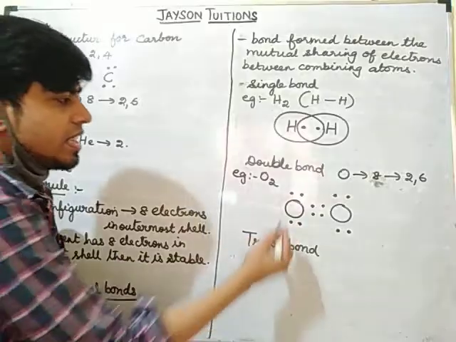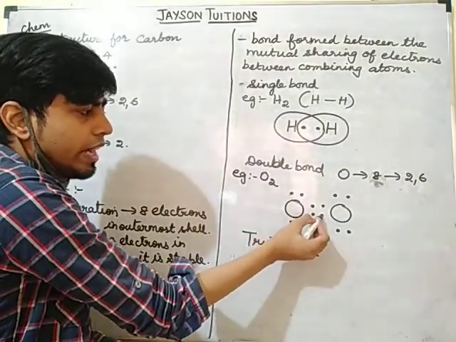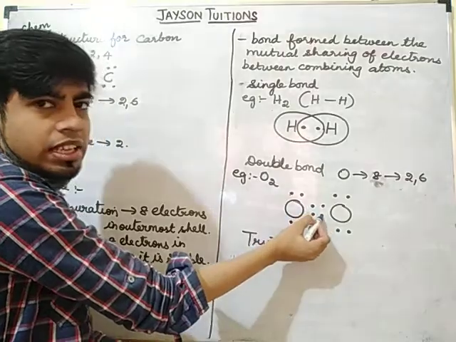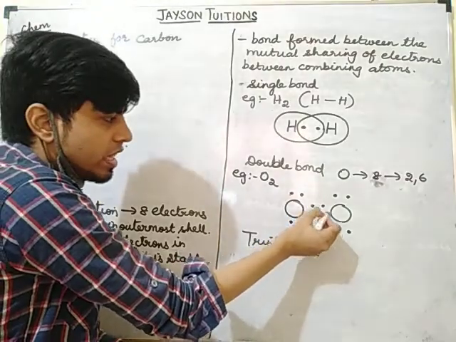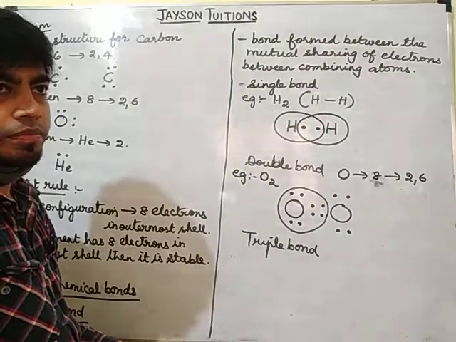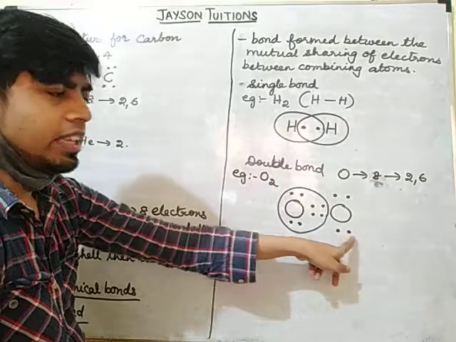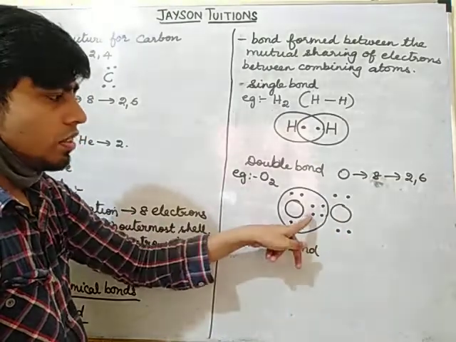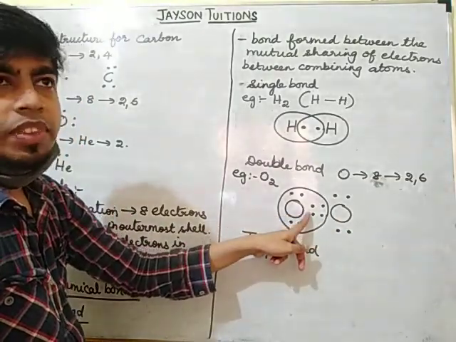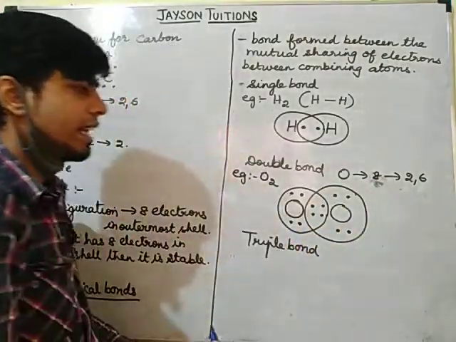This oxygen already has 6 electrons. 2 electrons it will share from the neighboring oxygen, so it will get 8. Understood? This oxygen already has 6 electrons, so 2 electrons it will get from this oxygen, so it will get 8 electrons.